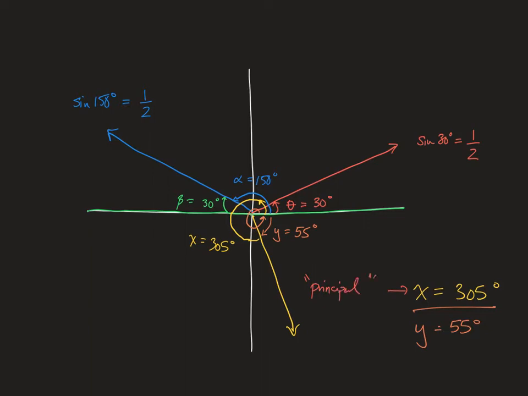That's the angle that determines the ending position of your terminal arm. My y is then the related acute angle that goes with that. There we go. So now we've introduced related acute angle as some terminology as well. We're really starting to build up on some stuff. Okay, hopefully we're good to that point.